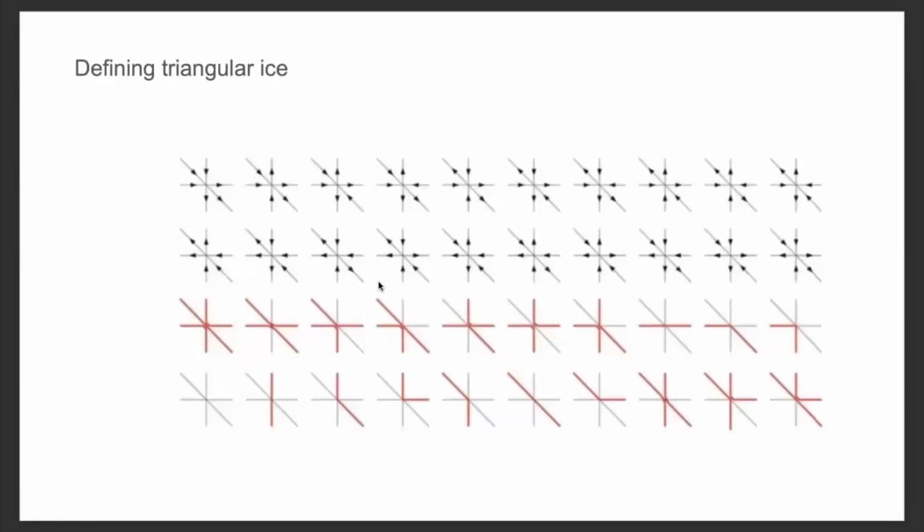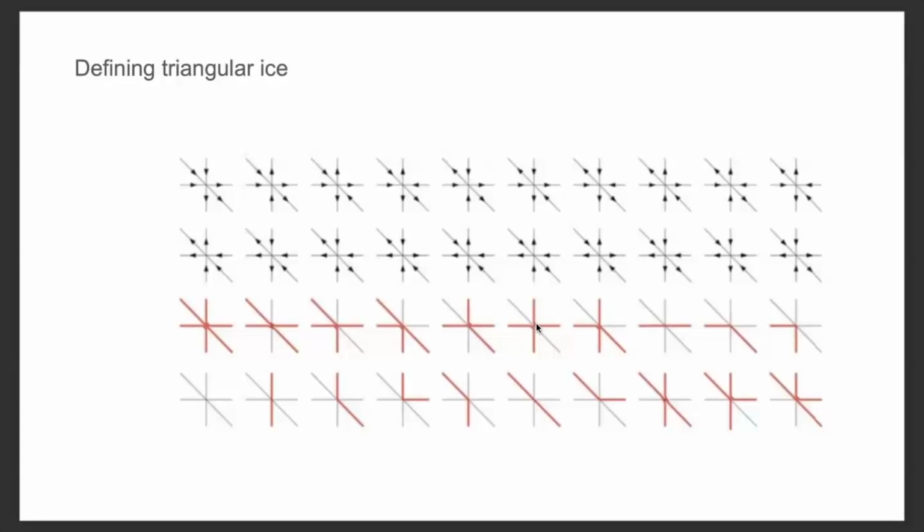And we can look to define triangular ice by looking at different configurations that we can obtain for another vertex model, a 3 dimensional 6 vertex model over the triangular lattice, in which we can group the configurations in groups of 10 for 20 total configurations given in the sample space.